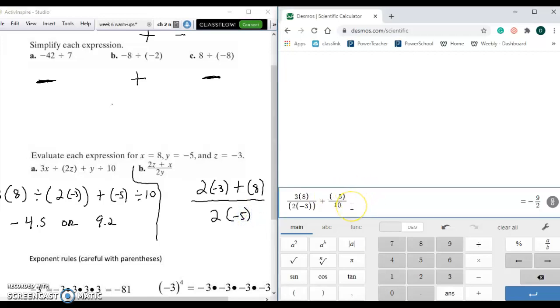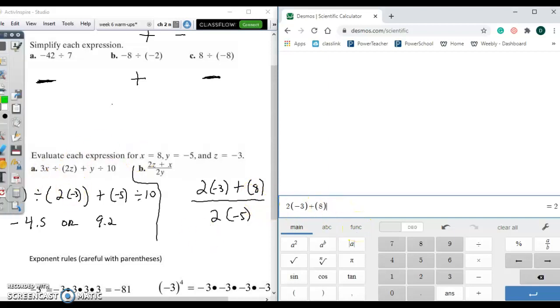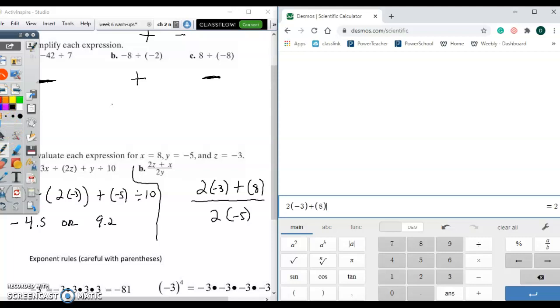Alright, so then as we go over here, we're going to type that in. I'm starting with the top, 2 parentheses negative 3, plus parentheses 8, then divided by, so wait a second, that doesn't look right, does it? It should be the whole thing over. So here's what we're going to have to do for this. This is a little bit of an extra step.